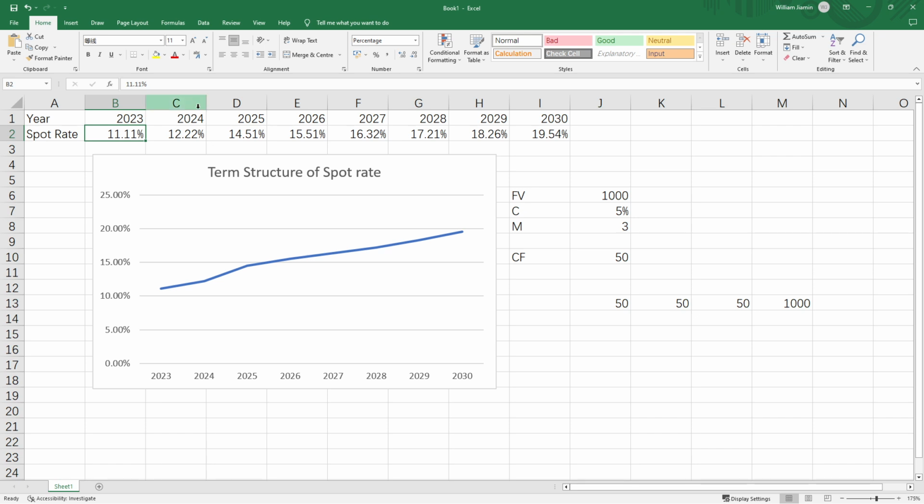So spot rate is different every year, so you need to discount that. So this is year end, and you need to use that divided by the spot rate, raised to the power of 1.